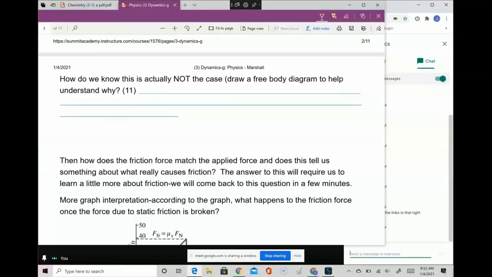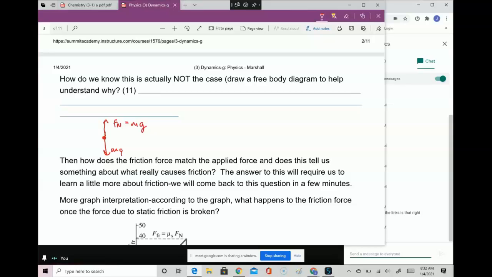And if we draw a free body diagram to help show this, I have a box, or an object, that's got a force due to gravity, and the box is sitting on a surface, so there's an upward normal force, and we know that the normal force equals mg, because it's not accelerating up or down.